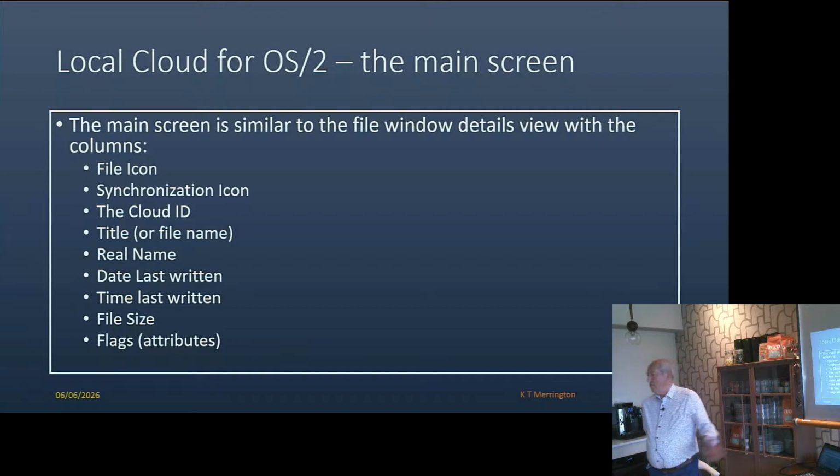So this is rather like the standard listing in the details view of a directory. You see the complete list. The only difference is you get a synchronization and a cloud ID as extra.